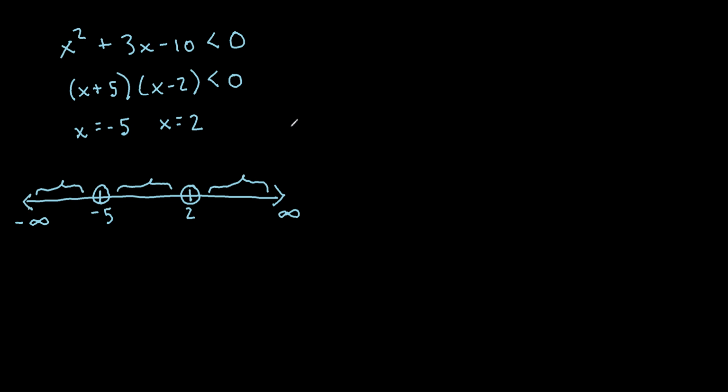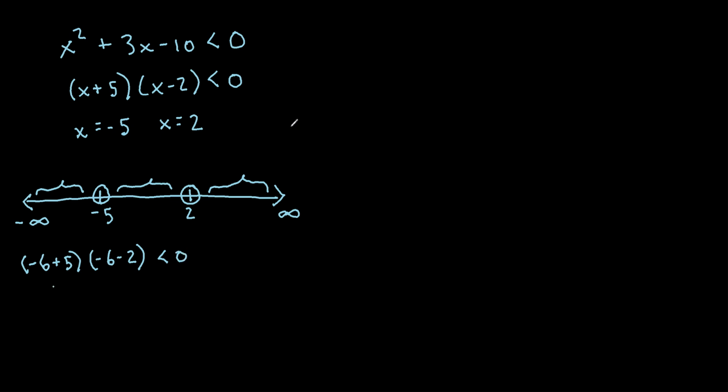So let's start with this first region, negative infinity to negative 5. Let's choose the value negative 6 to plug into this original polynomial. We'll say negative 6 plus 5 multiplied by negative 6 minus 2 is less than 0.